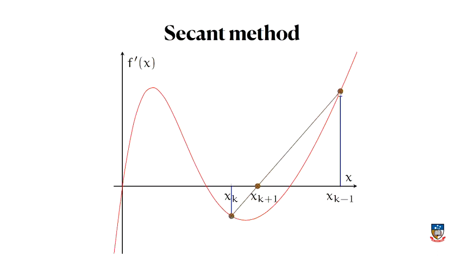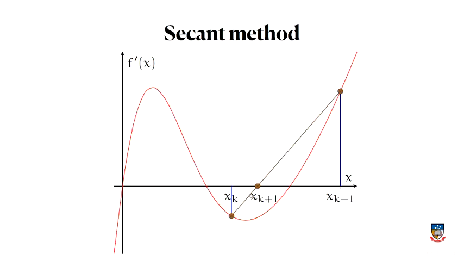And then all I'm doing with this secant method is approximating the gradient of the curve by the slope of the line connecting those two points. I can calculate that using high school math. That gives me a slope, and I can figure out where that line crosses 0, and that becomes my new approximation. So this point here, xk plus 1, becomes my new iteration.